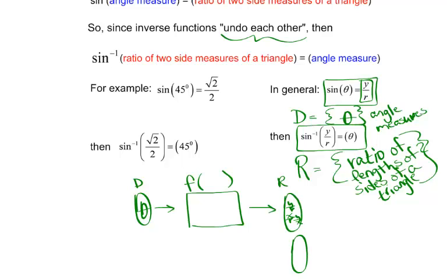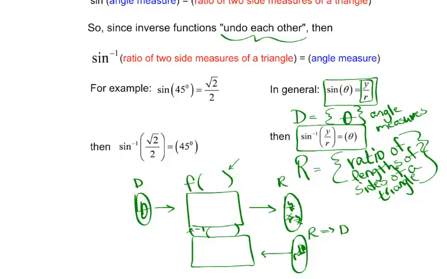So if I force those values to be the domain of an inverse operation, this operation reverses whatever operation was done here, then I'm going to pick up a ratio.